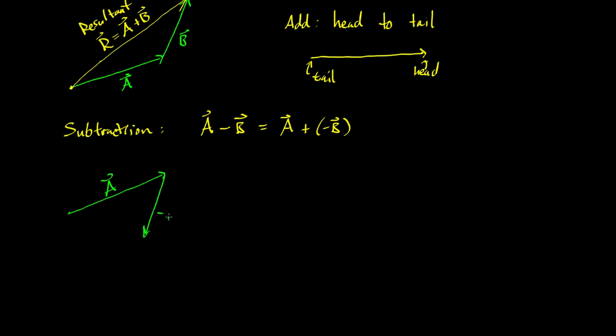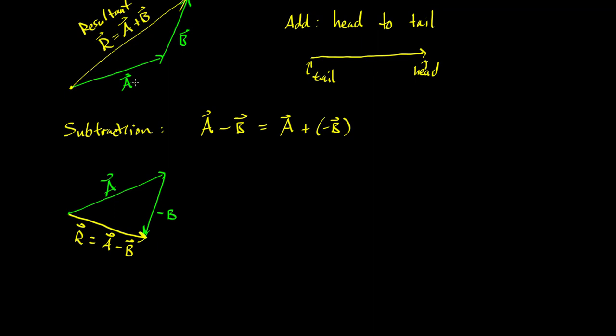So this is negative B. You see what we're doing is just adding, head to tail. And so my resultant vector would be down here. This would be the resultant, which is A minus B, or A plus negative B, however you want to say it.